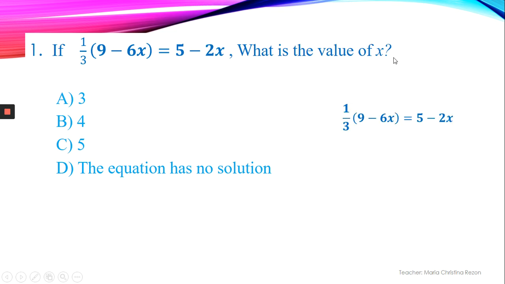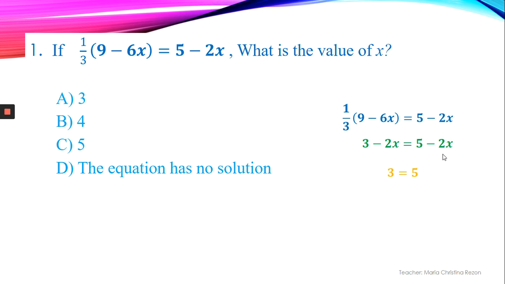So you will have 1/3 of 9 minus 6x is equal to 5 minus 2x. So we distribute, that becomes 3 minus 2x is equal to 5 minus 2x. Then we will add 2x to both sides of the equation.